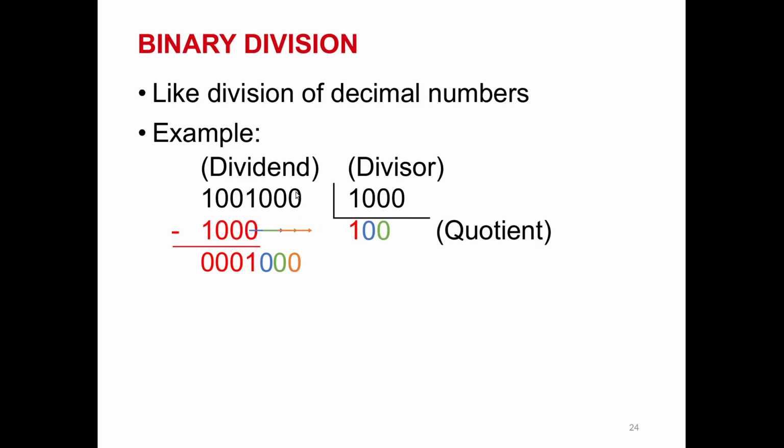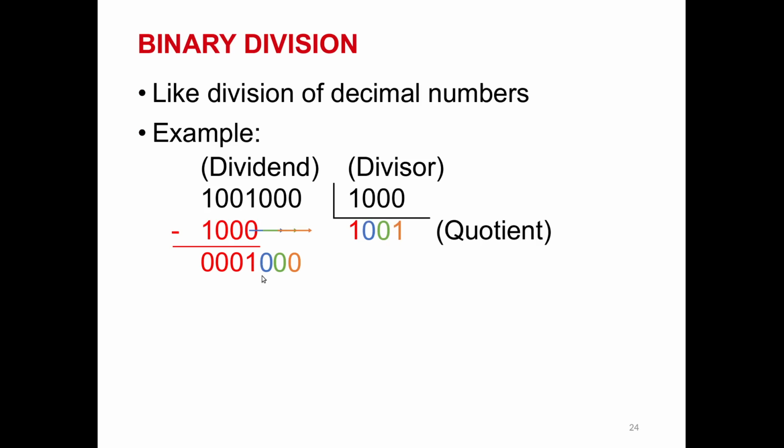The final 0 will be taken down here, and this value is as big as the divisor, and so the result for this division will be 1 in the last bit of the quotient.